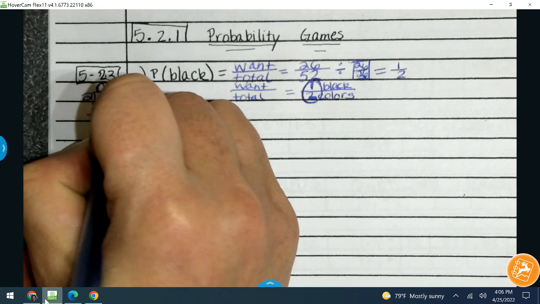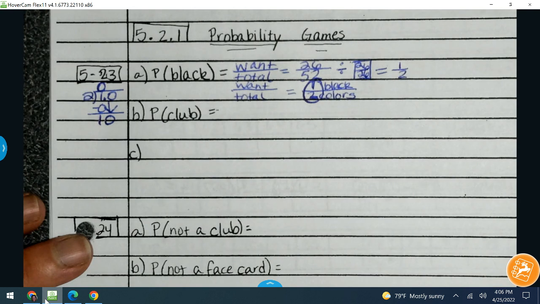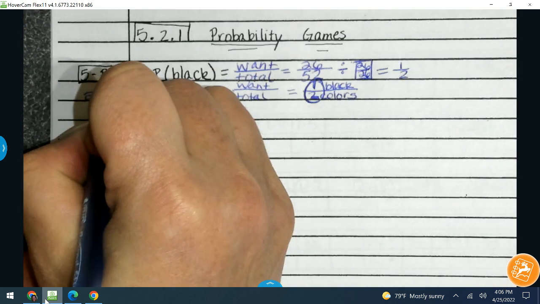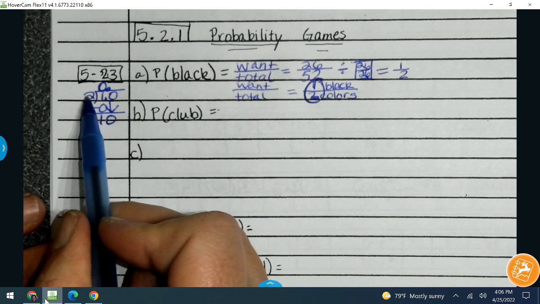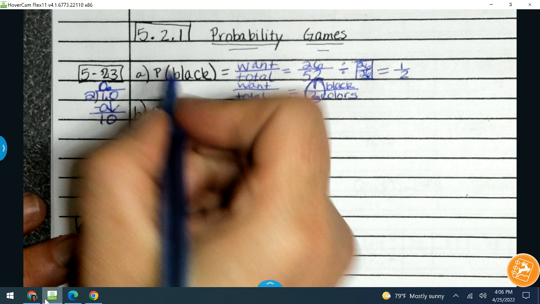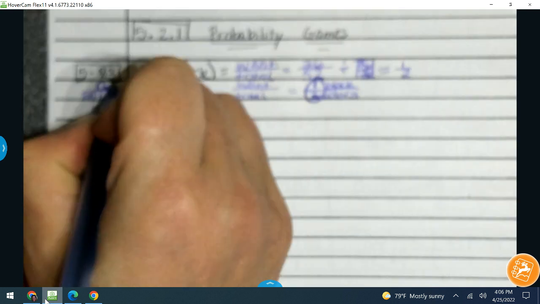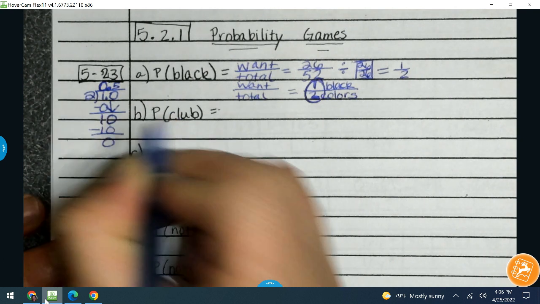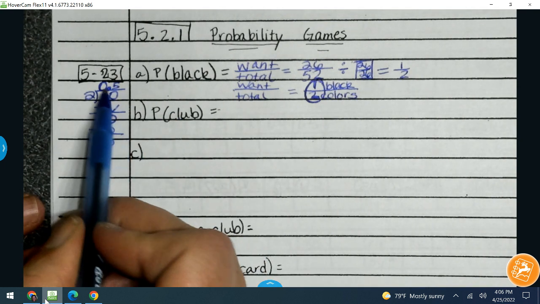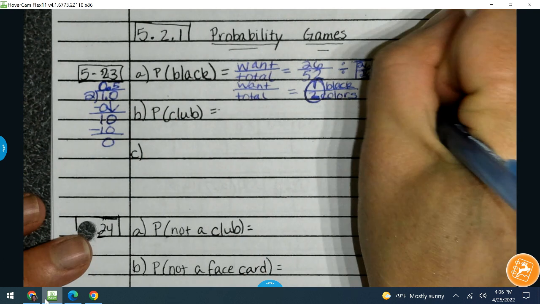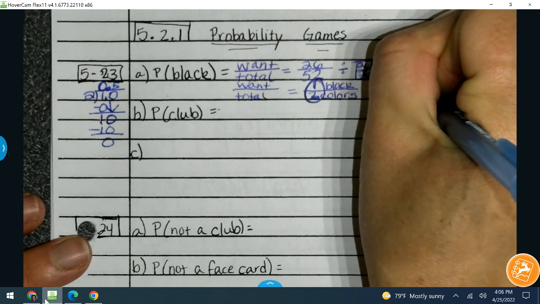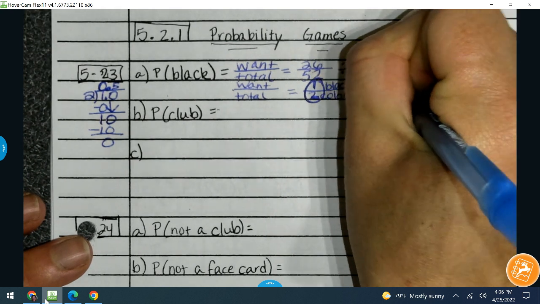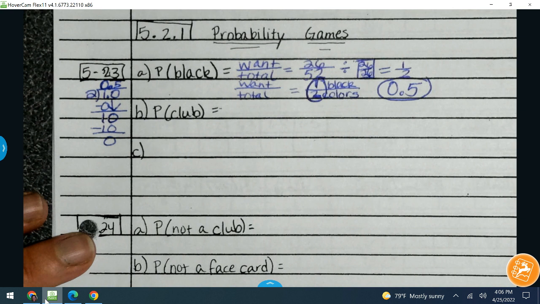I'm going to bring down that 0 from a long division. My decimal stays in the same spot. I have 5 2's in 10. 5 times 2 is 10. I subtract, and I have 0 as a leftover. So this is my decimal right here. So my decimal is 0 and 5/10, which is equivalent to 1/2.